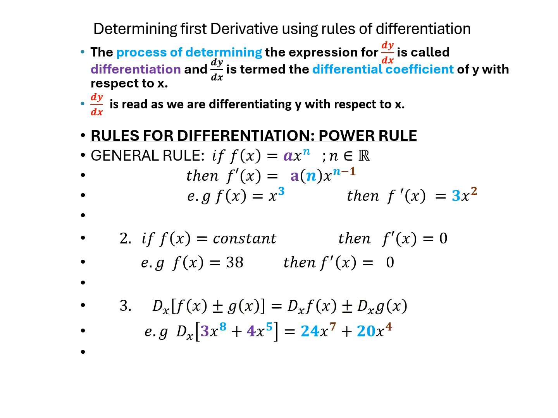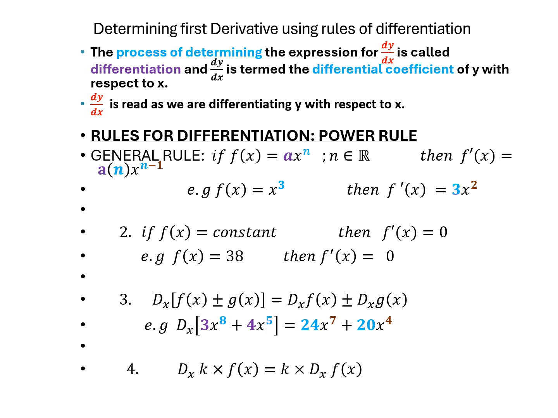So example of that, if we had to differentiate, in brackets, 3x to the power 8 plus 4x to the power 5, that's 8 times 3, which is 24, 8 minus 1, which is 7, so that gives me 24x to the power 7, plus this plus, 5 times 4 is 20, 5 minus 1 gives me 4. Alright, so later on in university, you'll do implicit and explicit differentiations. Here we're just working basically.